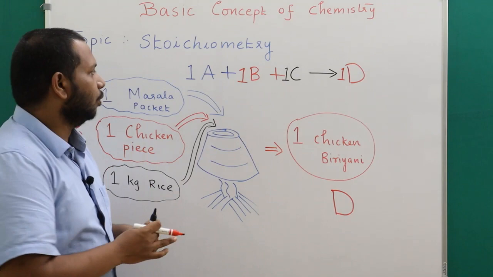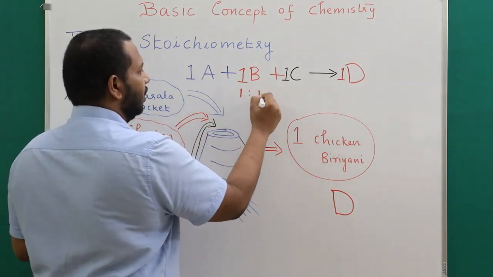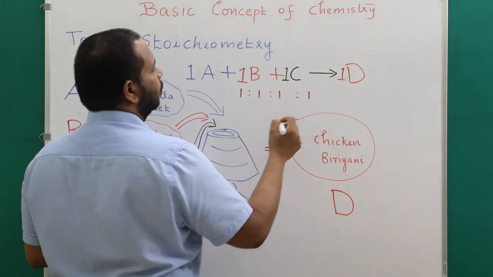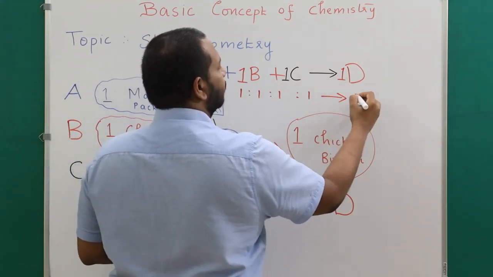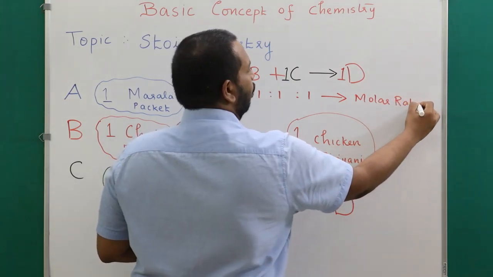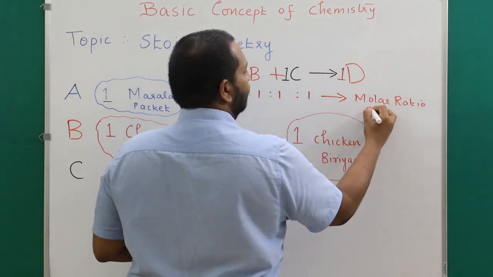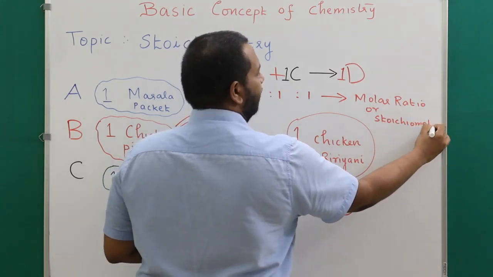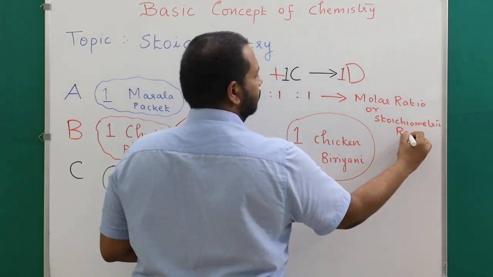And this ratio, that is 1 is to 1 is to 1 is to 1, in chemistry we call this the molar ratio, or we say this as stoichiometric ratio.